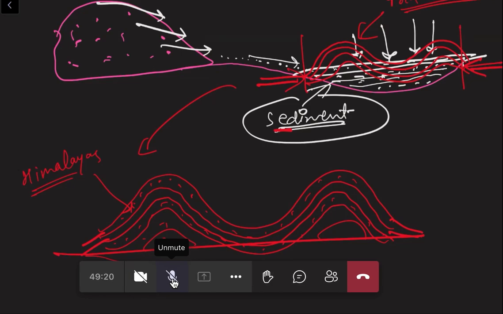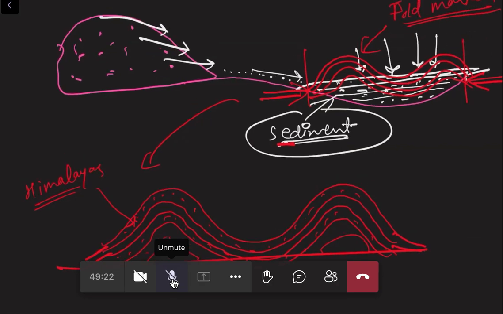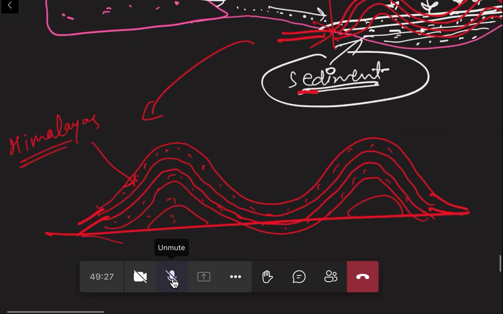But just understand that we are just seeing the mountain systems. Theories we will see later on. Now this mountain domal thing is called anticline. Anticline is nothing but a mountain, and the valley-like structure is called syncline.